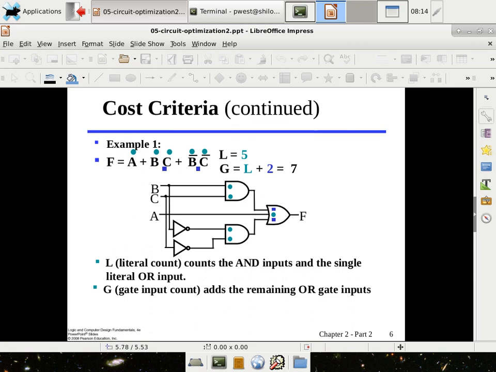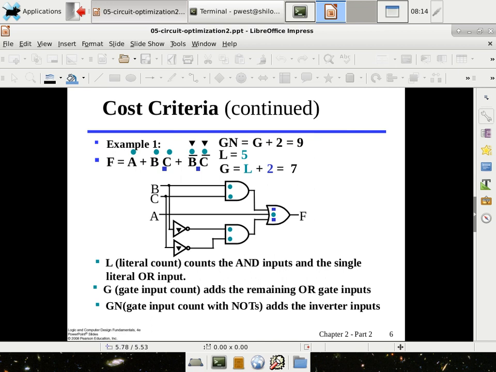So there's 2 extra gate inputs above the literals, is what this is showing. All the literals are still gate inputs because they're going to a gate. It's just you have 2 extra ones that this is trying to show that may come up. So the gate input cost is generally at least your literal cost.